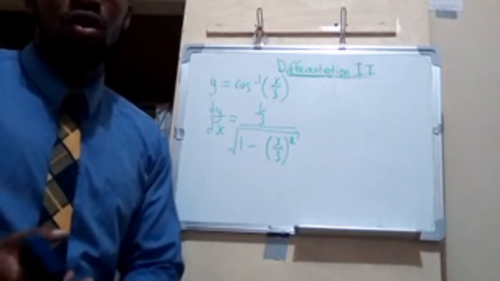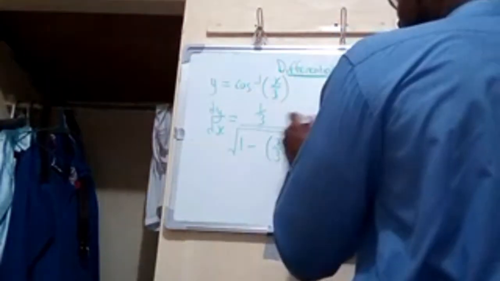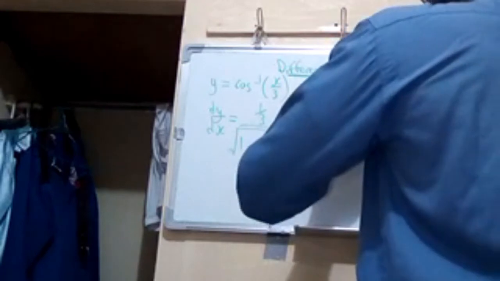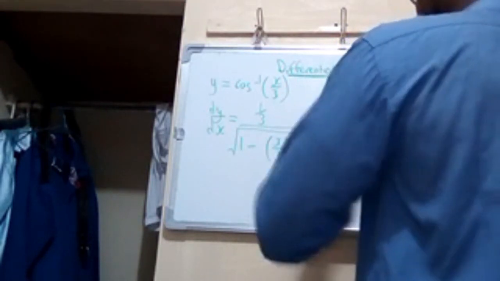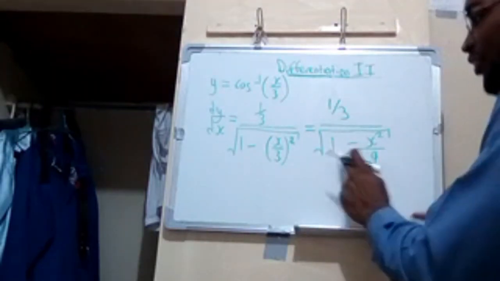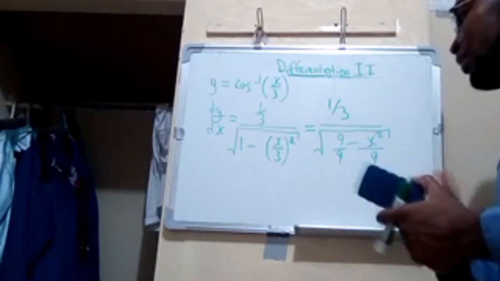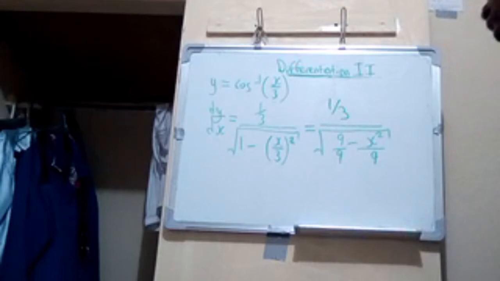So now let's use our knowledge of surds to simplify this. This becomes 1 over 3 divided by the square root of 1 minus x squared over 3 squared, which is 9. Now I can rewrite that 1 as 9 over 9. You're wondering, why would I rewrite that as 9 over 9?